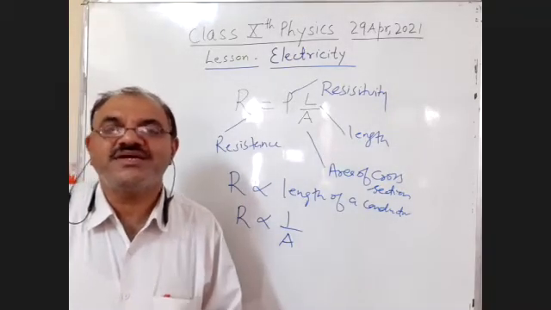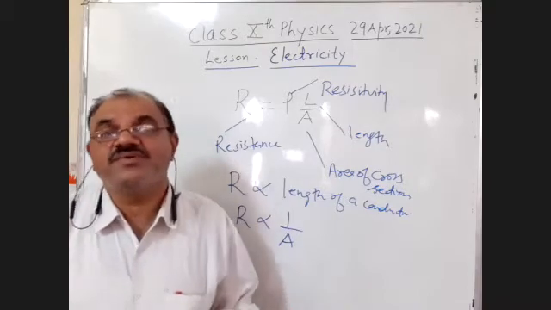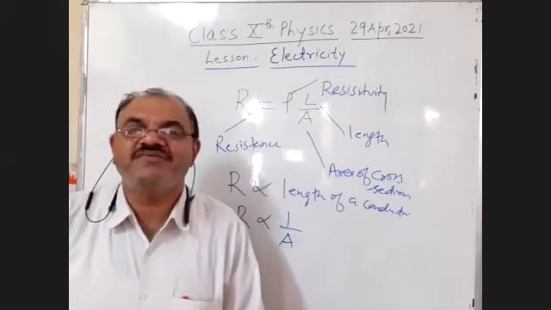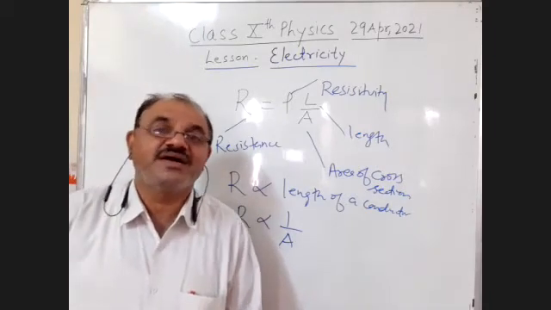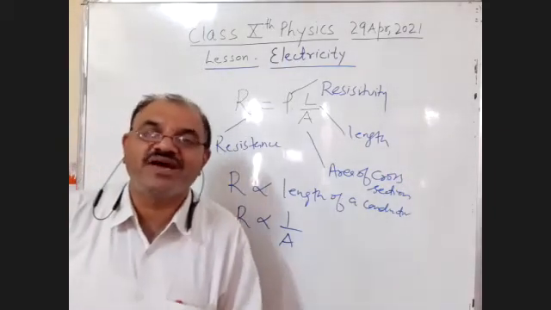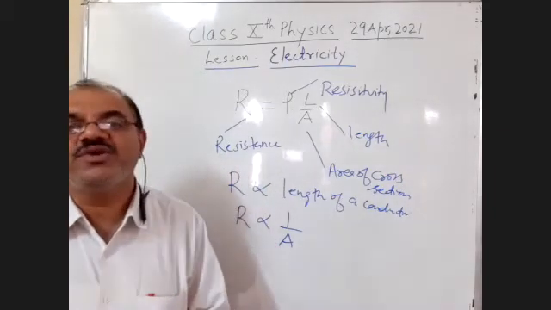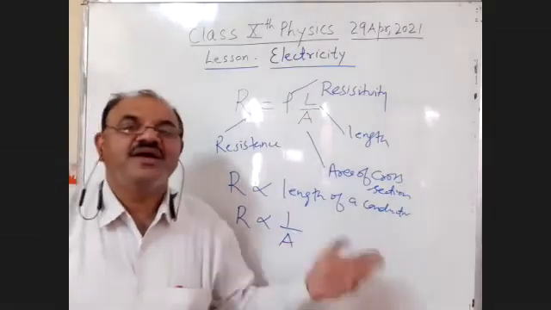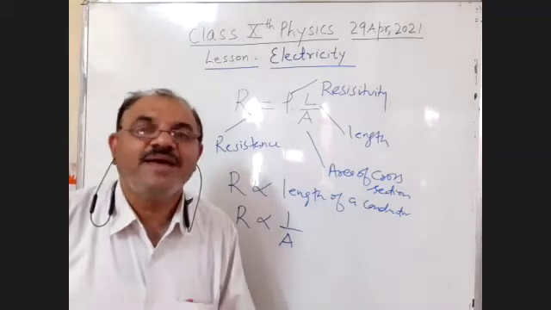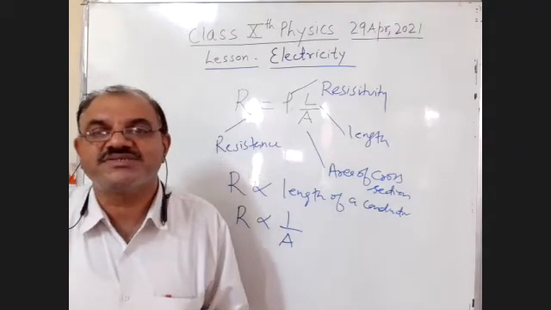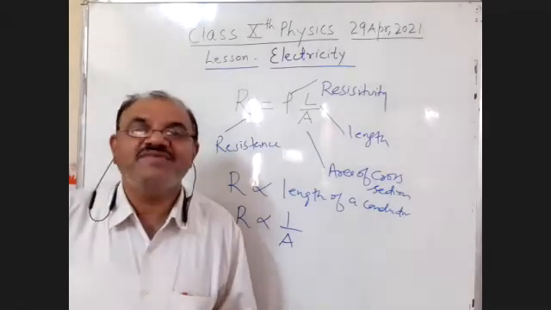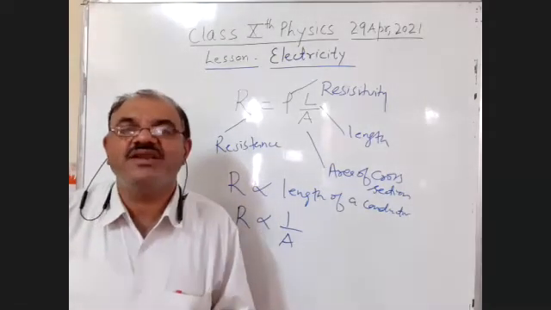Students, this question is generally asked in the board exam and the competitive exams. Why are copper, silver or aluminum wires used for electric supply? The reason is that for longer transmissions, copper and silver have low resistivity.